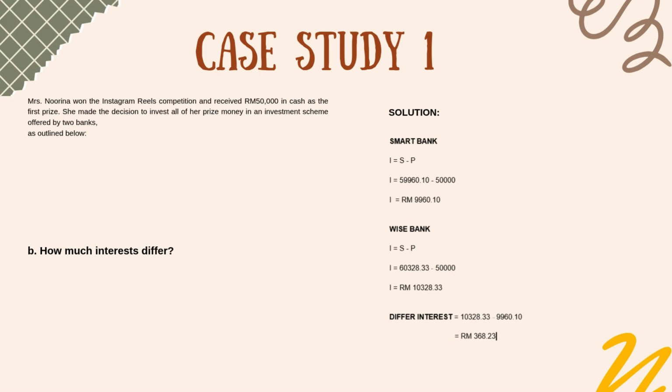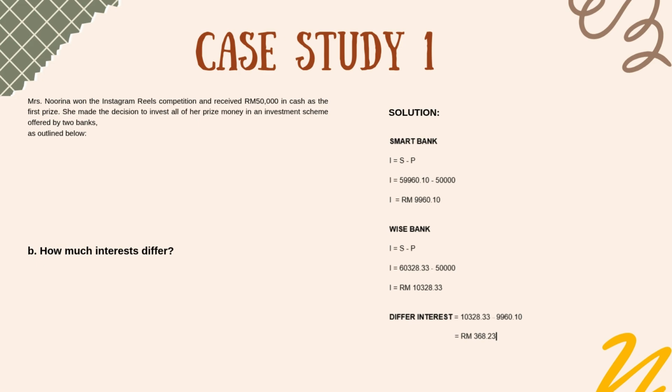For Wise Bank, I equals 60,328.30 minus 50,000, and the answer is I equals RM10,328.30. After getting the interest amount from each bank, we calculate the difference by subtracting the two amounts. So the interest difference equals RM10,328.33 minus RM9,960.10, which equals RM368.23.